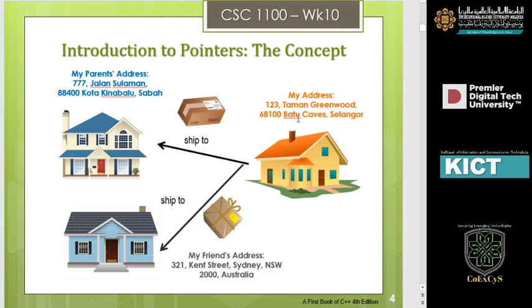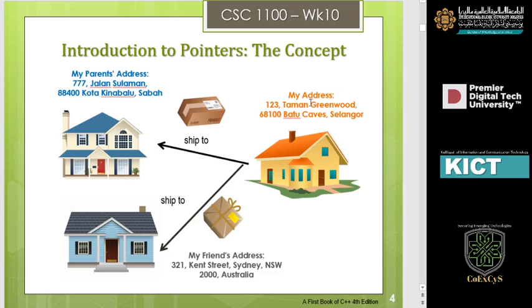So in pointers, let's look at this analogy where we consider that anything has a particular address that we are trying to access, right? If we want to ship something, we would basically put the address. So here we have my parents' address, my friend's address, and my own address.